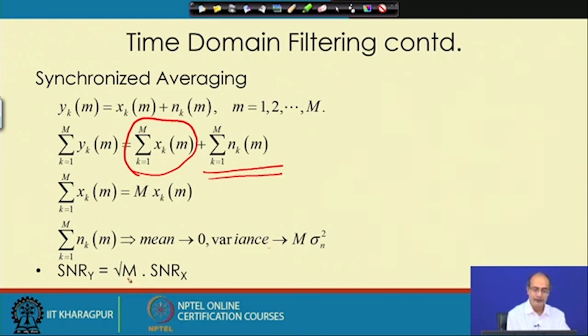So, if we could add up this signal by synchronous averaging 100 times, the resultant SNR would be multiplied by 10 times. That would be a great improvement.